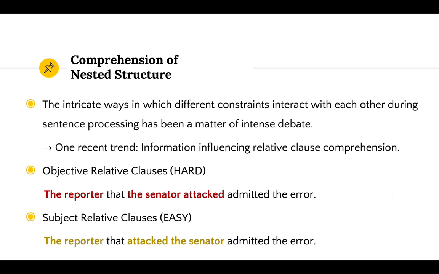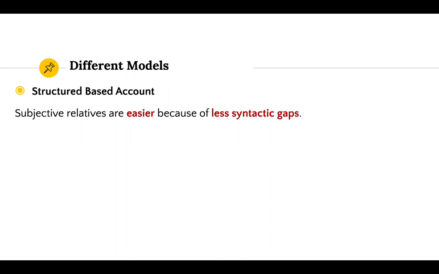It is a well-established finding that subject-relative sentences are easier to process than object-relative sentences. With regard to this fact, many models can explain this phenomenon from different perspectives. For example, structure-based accounts explain that subject-relative preference in terms of syntactic factors, saying that there are fewer syntactic gaps in the subject position.